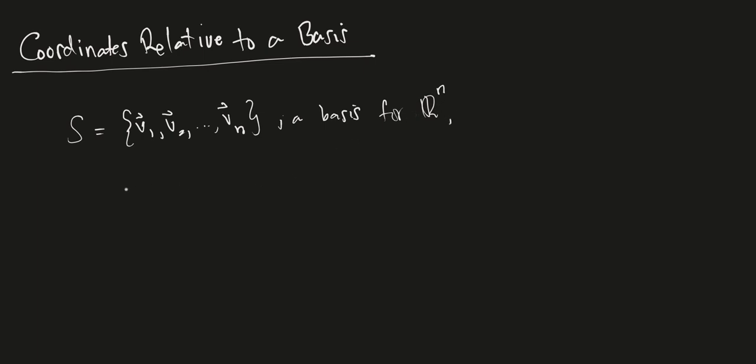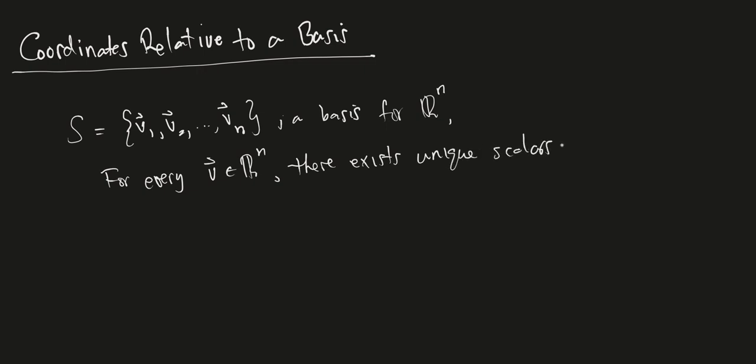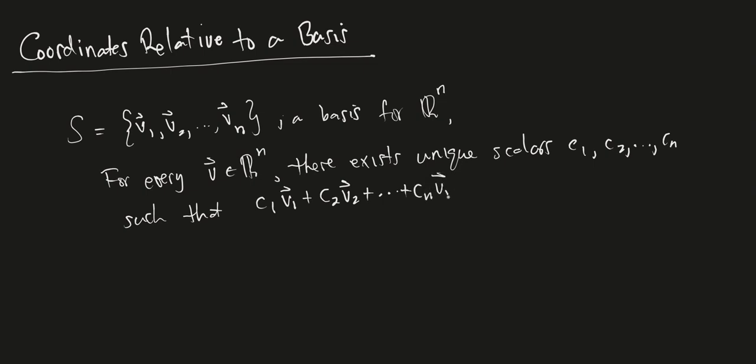Then what it means here is for every vector in Rn, there exist unique scalars c1, c2, dot dot dot cn, such that c1 times v1 plus c2 times v2 plus dot dot dot cn times vn will be equal to my vector v, right?